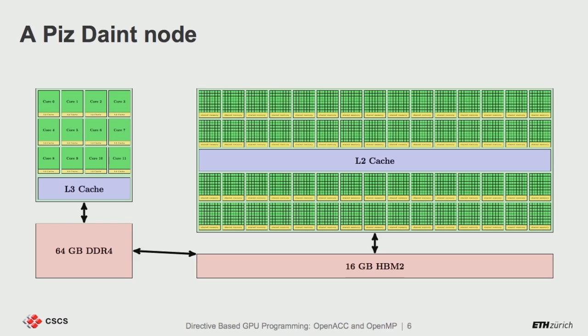Each core has a private L2 cache and an L3 cache, and then we have the main memory. And on the right-hand side, you see the GPU. Every green small thing is a core. So you see that there is a lot of parallelism in there. And we're going to see how they communicate with each other.